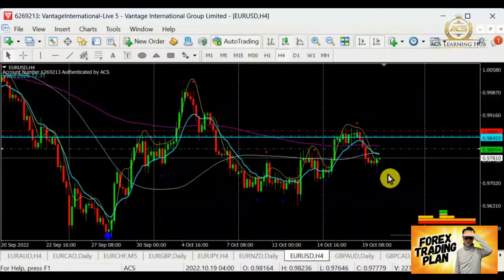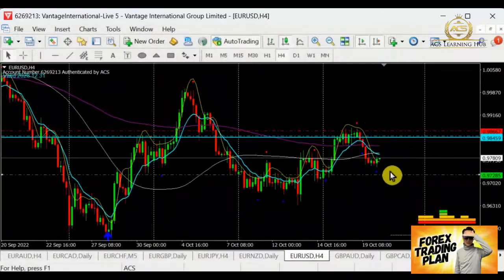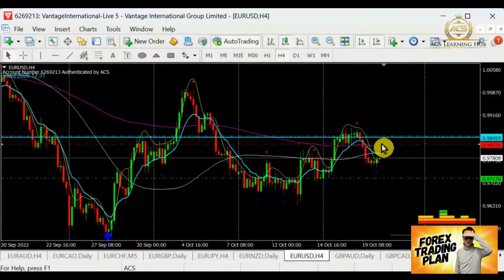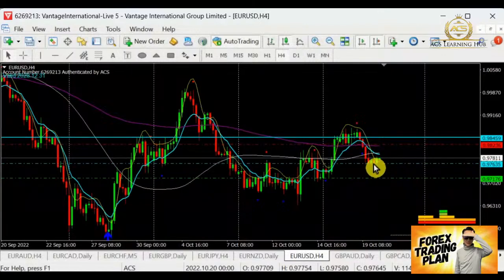This is the support level that I'm looking out for, and the resistance level over here. So at the moment, I'm waiting for this to clear, at least this level here, then selling will be possible.